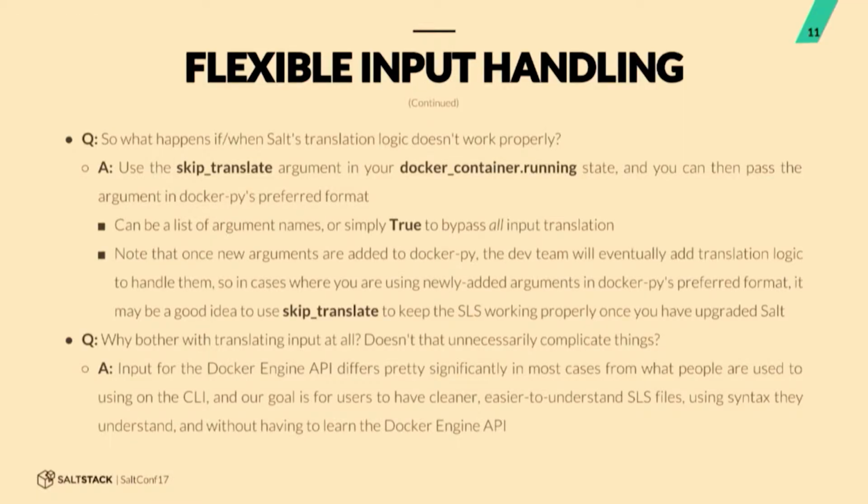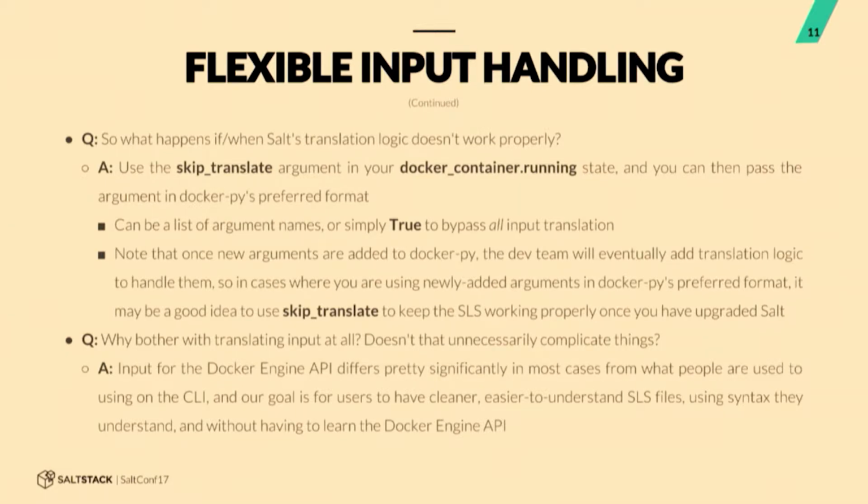And then, if you are using newly added arguments and we haven't had time to add them yet, it is probably a good idea to tell it to skip the translation. Once you upgrade Salt and we do add some sort of translation logic for that argument, the API version of that argument will suddenly stop working, because it'll prefer the translation, and that will break your SLS file.